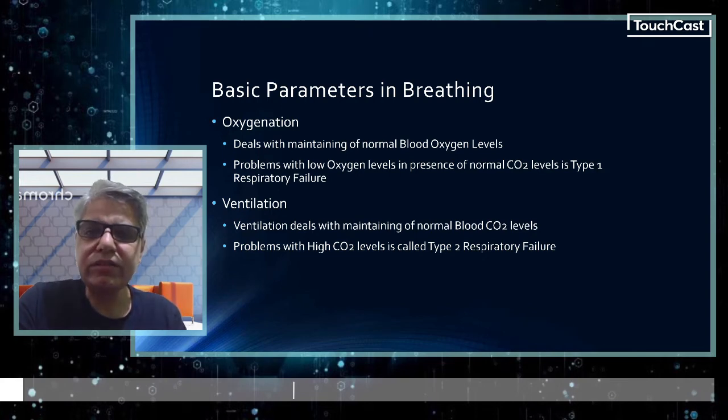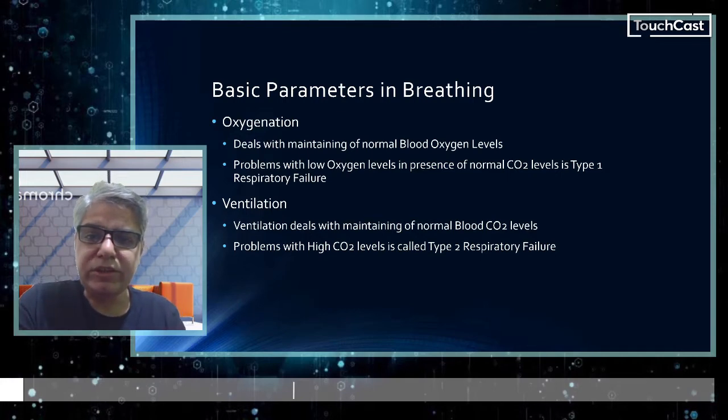Now, ventilation is a term that we use for dealing with carbon dioxide. In fact, ventilation is about maintaining normal blood CO2 levels, and the normal blood CO2 levels are 35 to 45 millimeters of mercury, or if you use the other units, kilopascals, then it is 4.5 to 6.